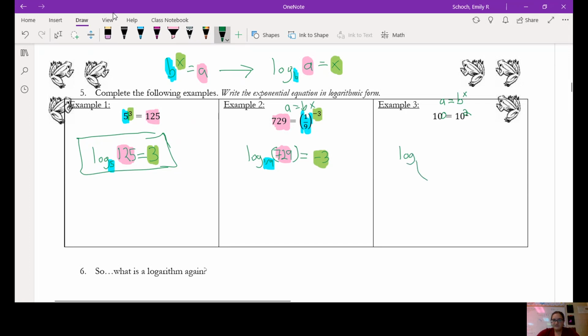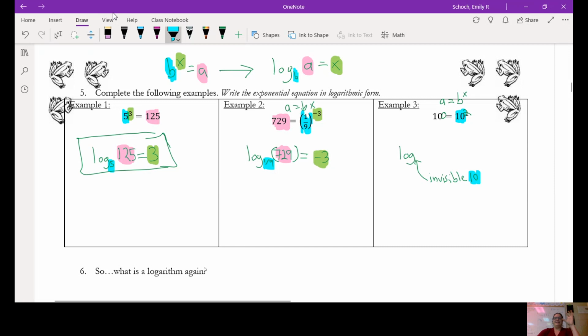So there's an invisible 10. My base is invisible. That's this 10 right here, 10 is the base. So there's an invisible 10 there.